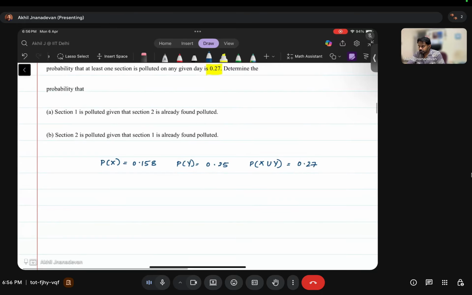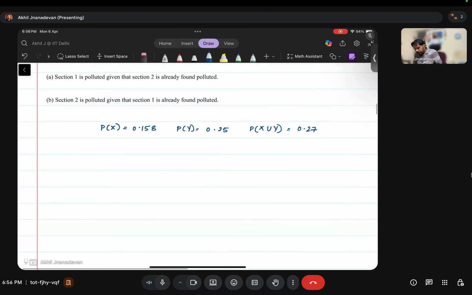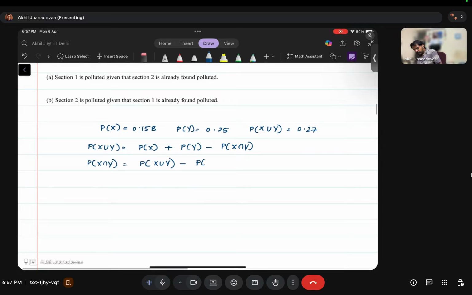From this we can write P of X union Y is equal to P of X plus P of Y minus P of X intersection Y. So we can find P of X intersection Y as P of X union Y minus P of X minus P of Y. Actually, the signs will be changed, plus becomes minus.